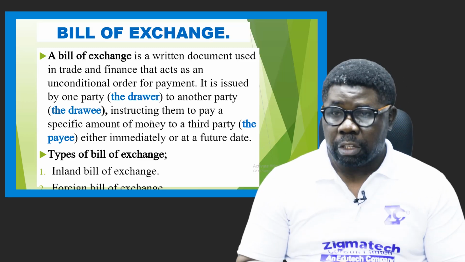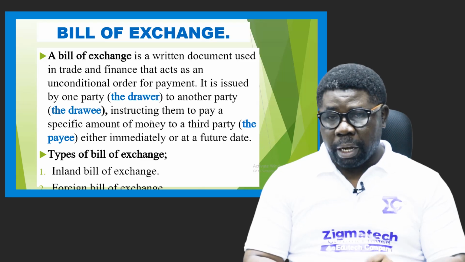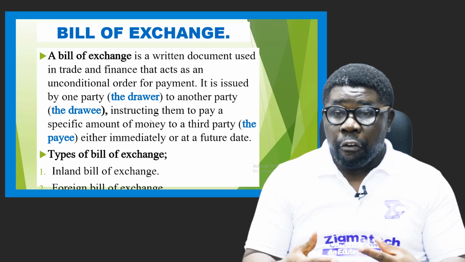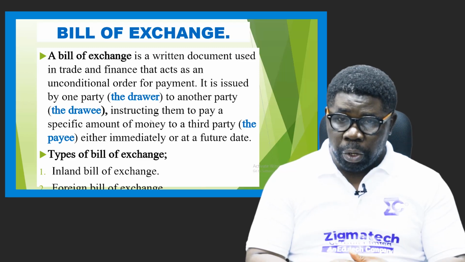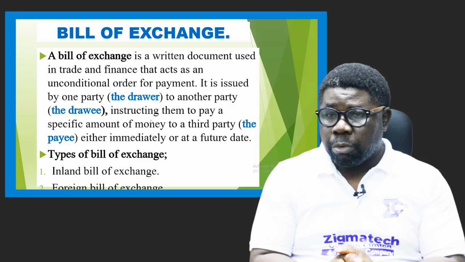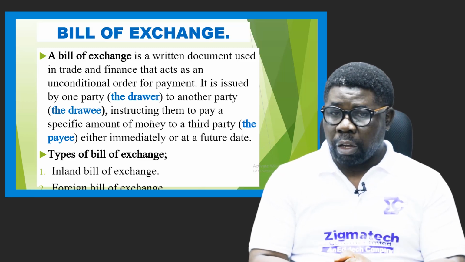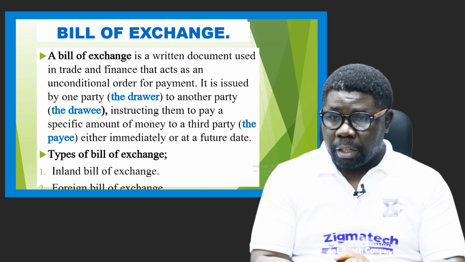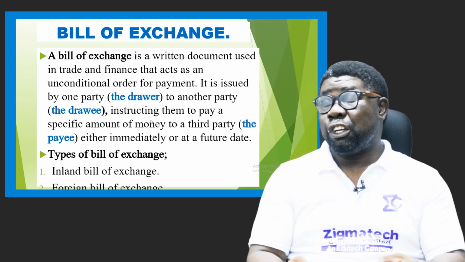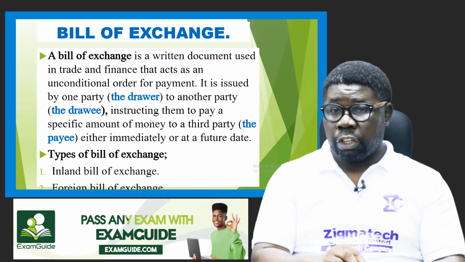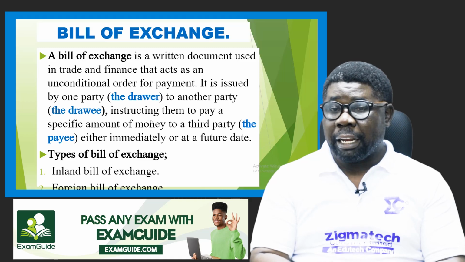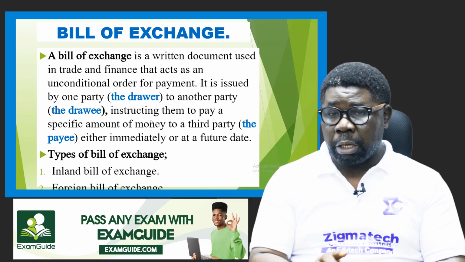It is an unconditional order for payment. It is issued by one party, the drawer, that is the originator of the bill, to another party, the drawee, the payer, instructing them to pay a specific amount of money to a third party, that is the payee, the beneficiary of the bill of exchange, either immediately or at a future determinable date.